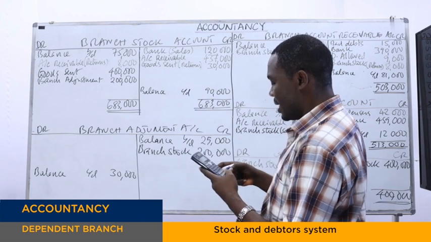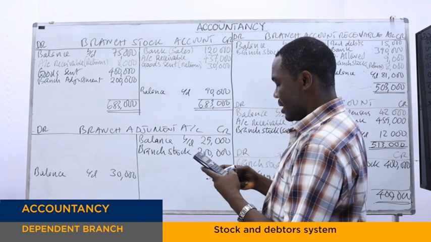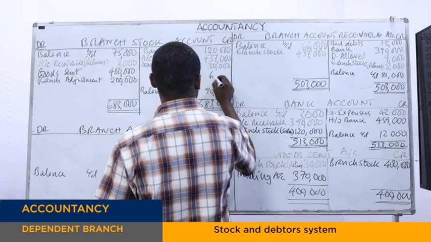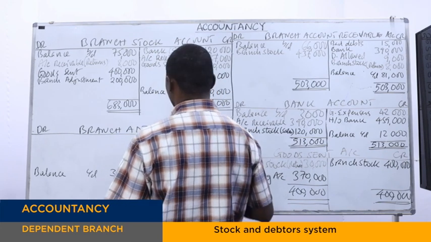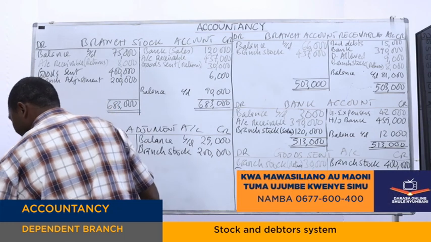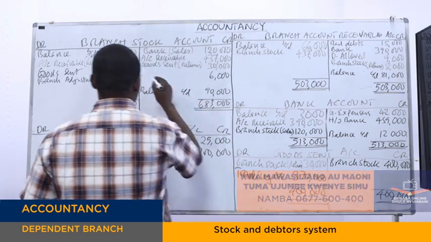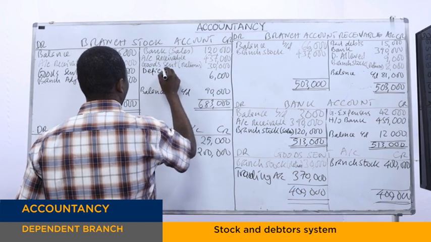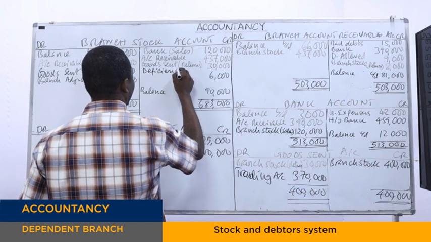Yes, we have 90 here. Less 90. Okay, so we have 6,000. That was the deficiency.